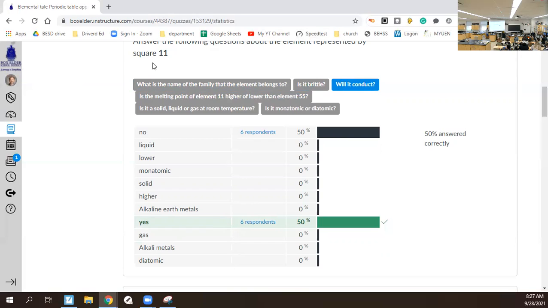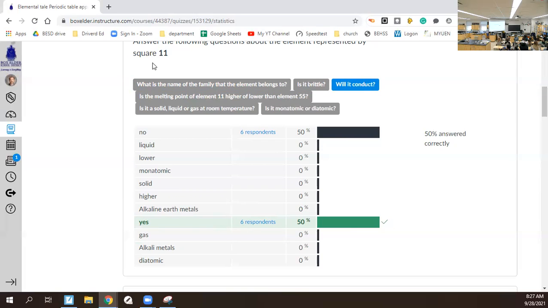Garrig, what was square 11? If you don't know the name, just tell me the symbol. It was Cu? It was Na.